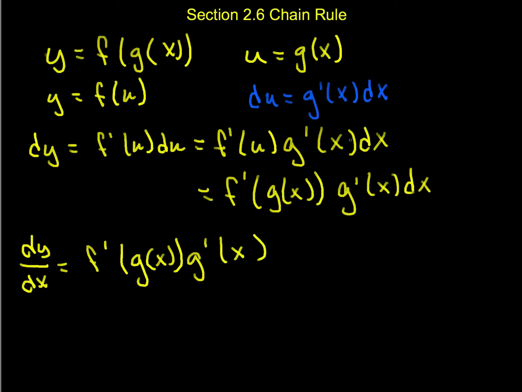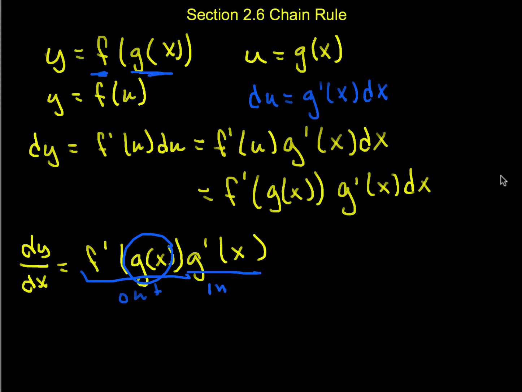And the way I tend to think about this is that if I've got a composition of functions, f is on the outside, so it's my outer function, g is on the inside, it's my inner function. So then when I take the derivative of a composition, it's the derivative of the outer function, evaluated at the inner function, times the derivative of the inner function. And it's just the product of those two. You've got to remember that the derivative of the outer function is still evaluated at g, but then the derivative of the inner function is just multiplied on the outside.